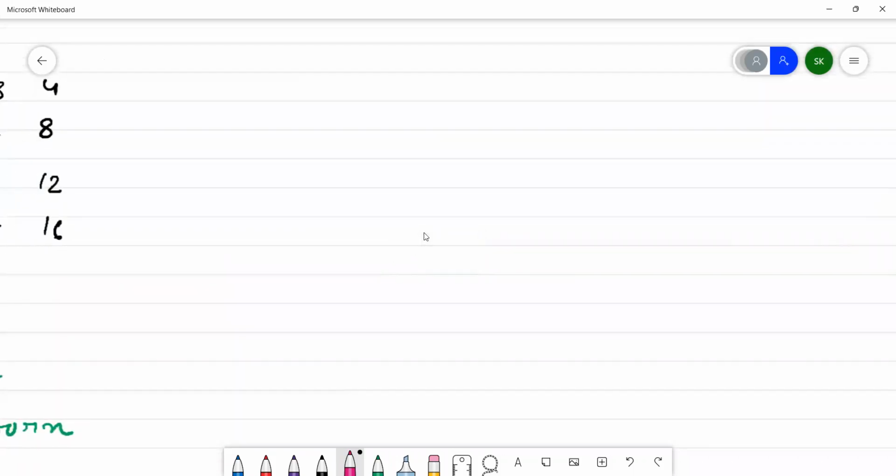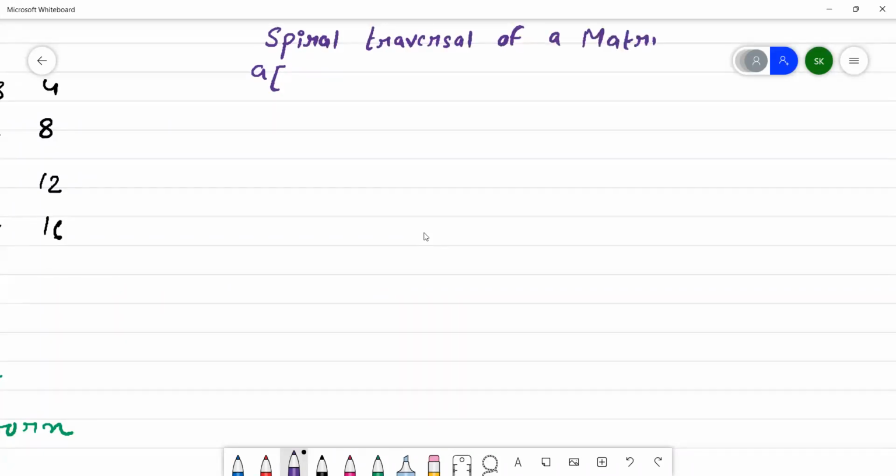All right, if no questions, I'll give you one tough question for your thinking. This is known as spiral traversal of a matrix. You have been given a matrix. I'm taking the same numbers.